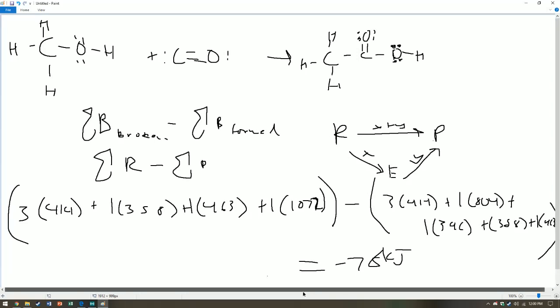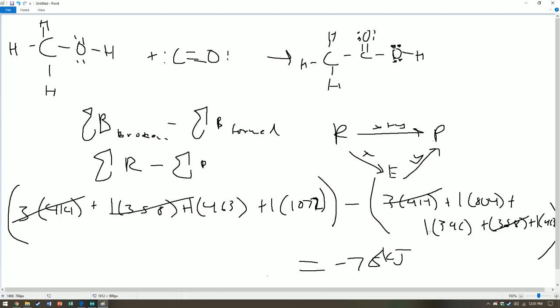Now, you could take this whole bonds broken to bonds formed thing to a real extreme and really just analyze the bonds that were broken. So you can actually simplify this quite a lot. We never really broke those CH bonds, so that goes away. We never really broke this OH bond here, so that can also go away.